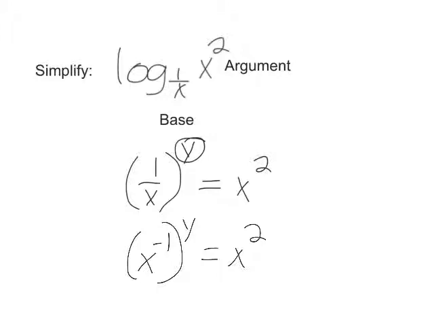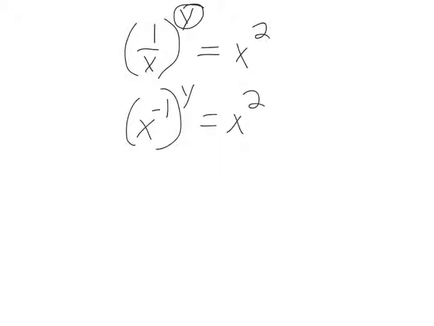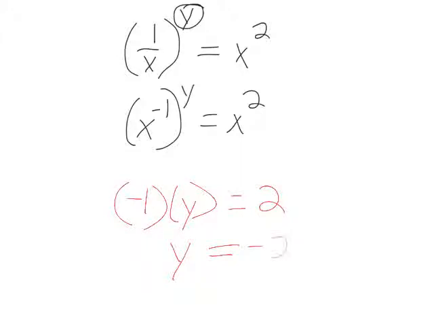So from here, what we're really trying to make happen is we're trying to make negative 1 times y be equal to 2. So if I solve this for y, what I would need to do is divide both sides by negative 1, and we see that y should be equal to negative 2.